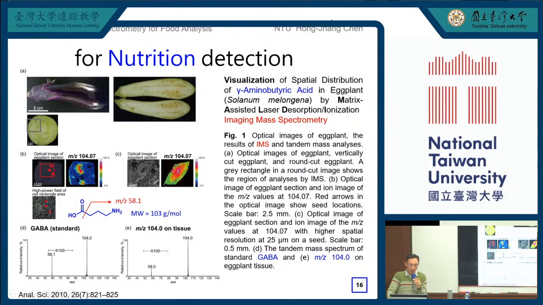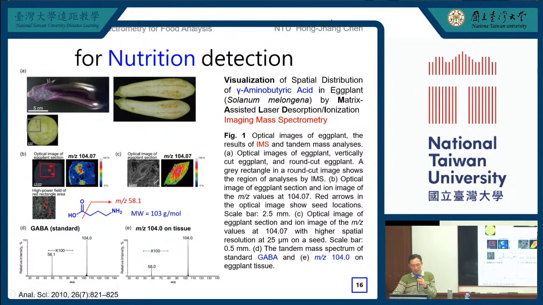So they detect GABA by imaging, and they can detect different regions of the eggplant to show which region has more GABA present. In this study, you can even use UV light to increase the GABA sensitivity, and you can detect different regions by imaging mass spectrometry.